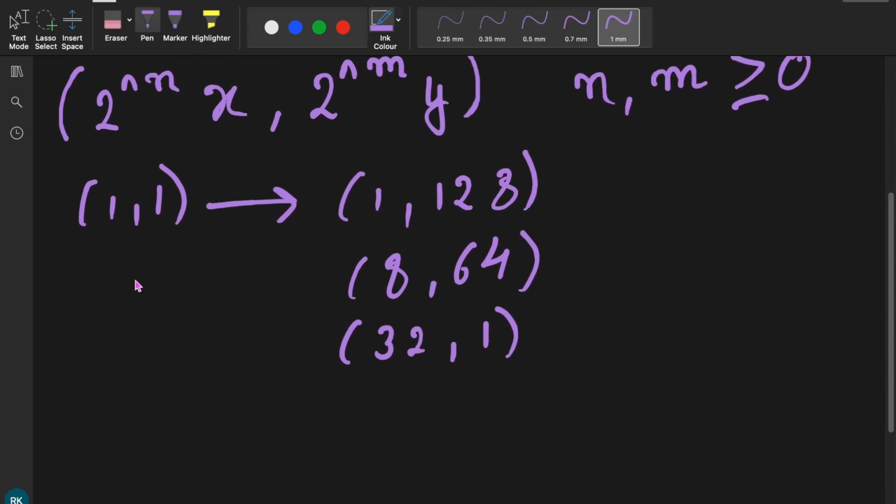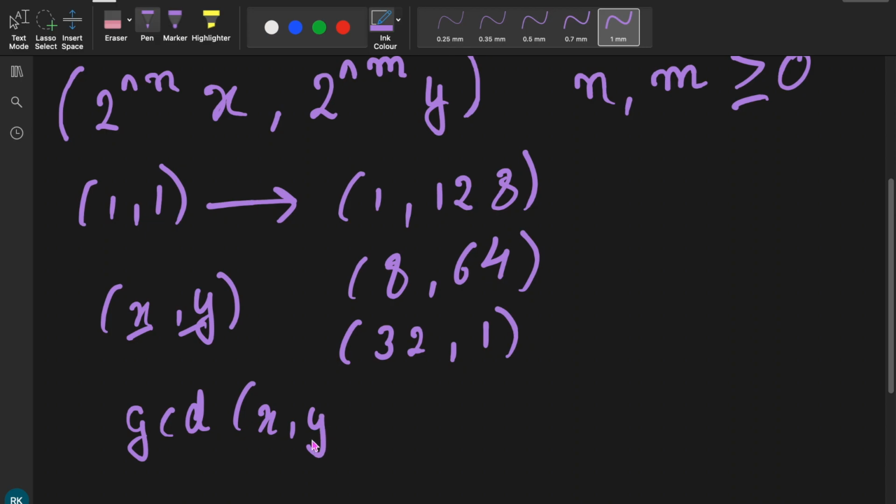So if both x and y are some power of 2, both x and y will be divisible by some power of 2, right? Which means the GCD, that is greatest common divisor, of x comma y will be some power of 2.